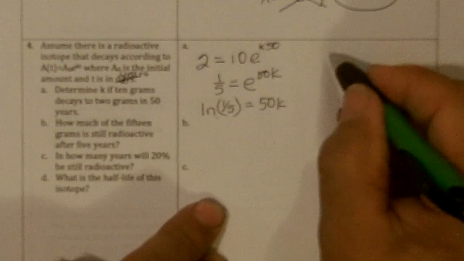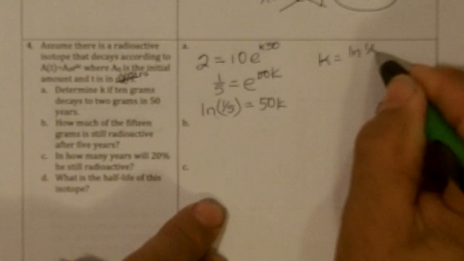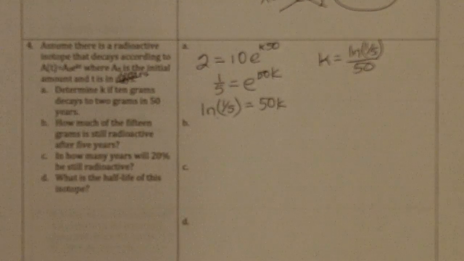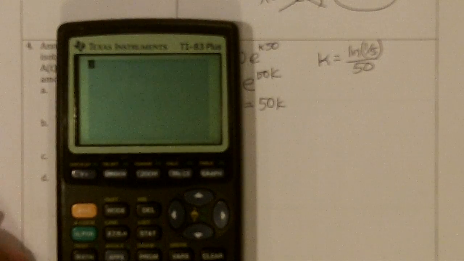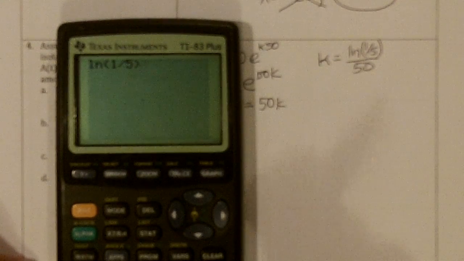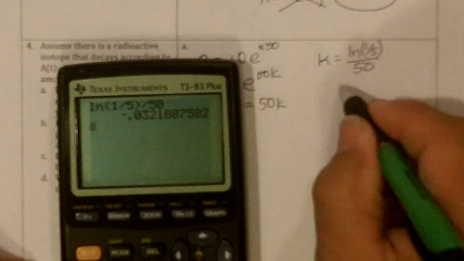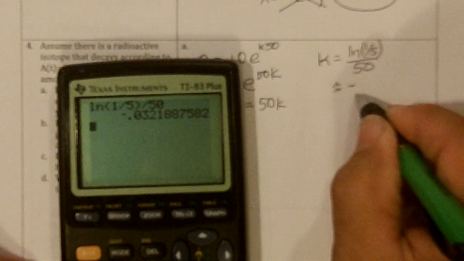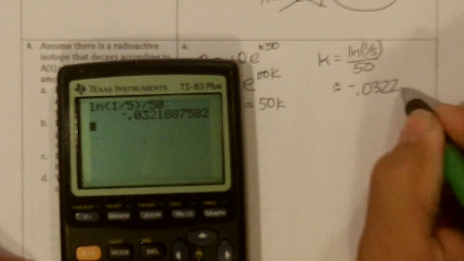Then I divide by 50, and k equals ln 1/5 divided by 50. On my calculator I get the approximate value of k of negative 0.0322.